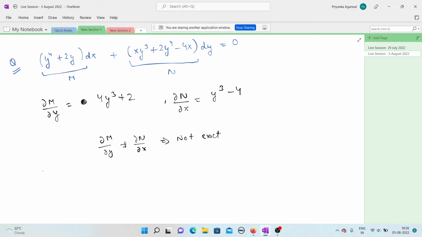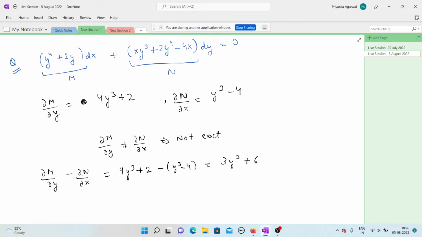Now to convert it to exact differential equation, let's see what the dou m over dou y minus dou n over dou x will be. So this is 4y cube plus 2 minus y cube minus 4, and it becomes 3y cube plus 6.